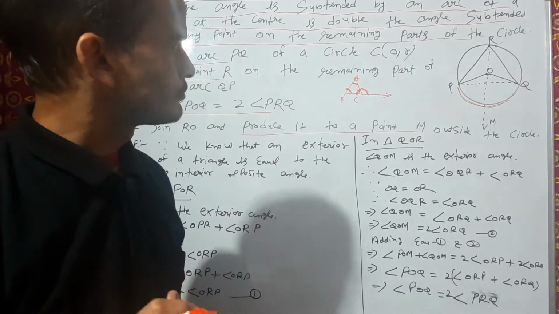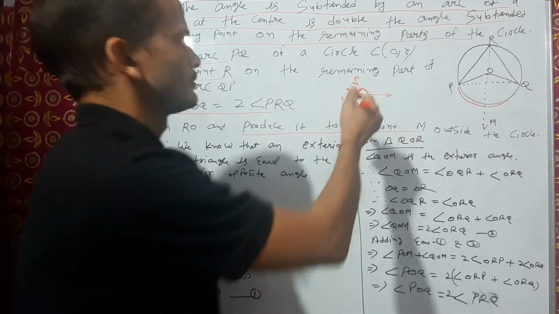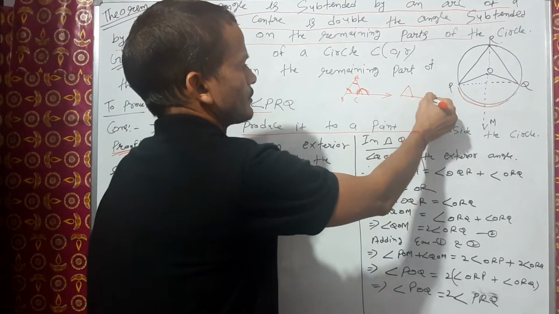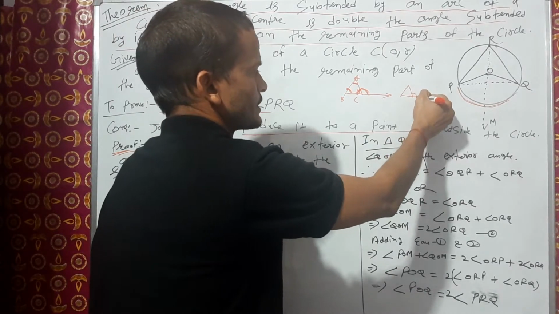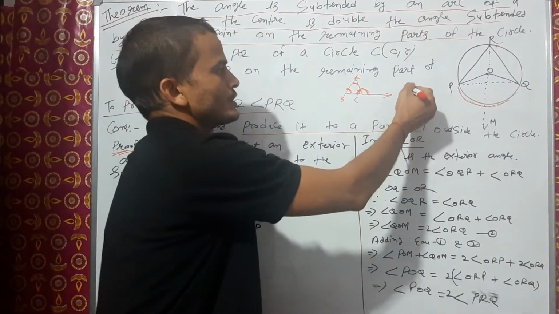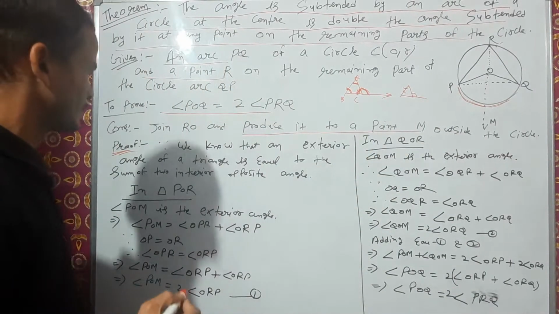So from here you know that when we extend one side of a triangle, we get an exterior angle, and the exterior angle is equal to the sum of the two interior opposite angles.